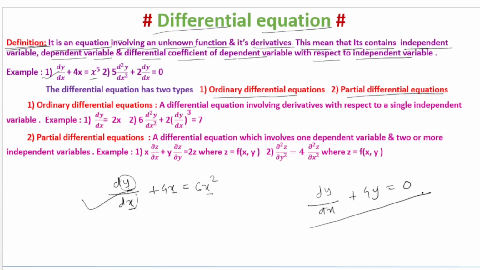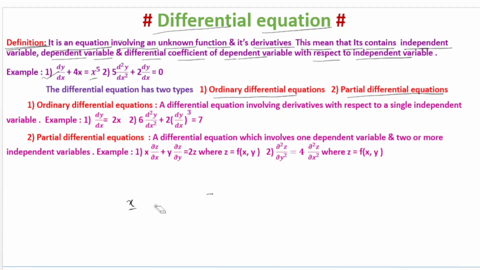This is also a differential equation. Here y is the dependent variable, x is the independent variable, and we are taking the derivative of the dependent variable with respect to the independent variable. So this equation is called a differential equation.